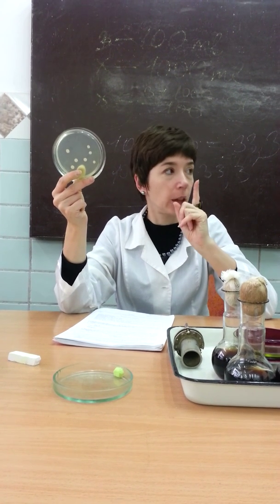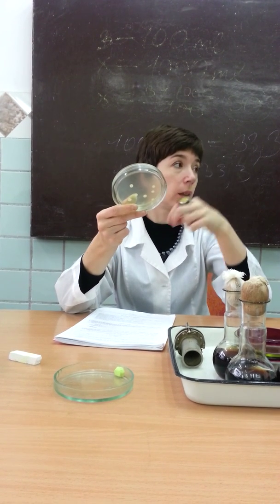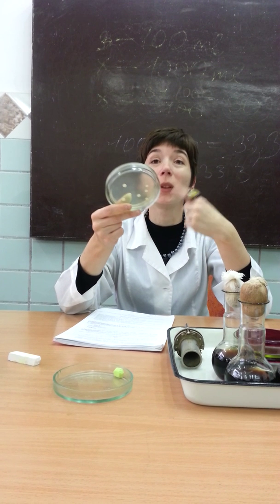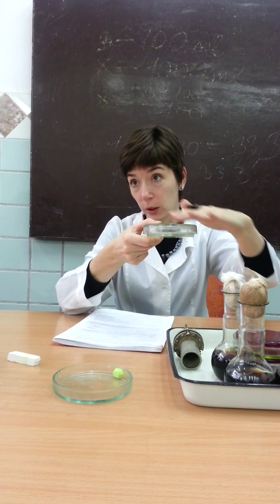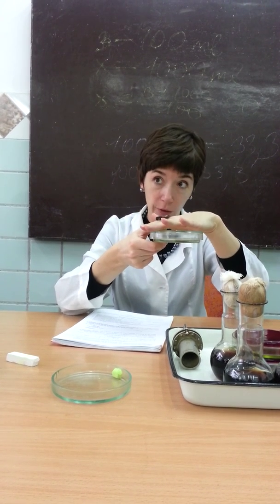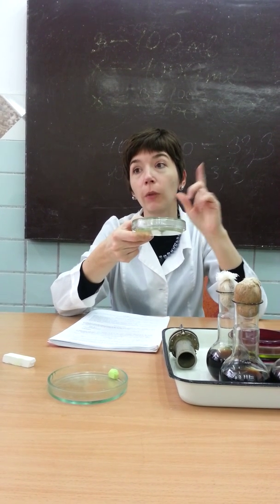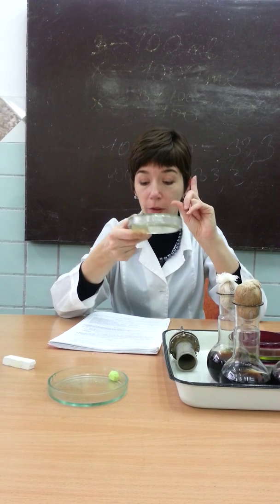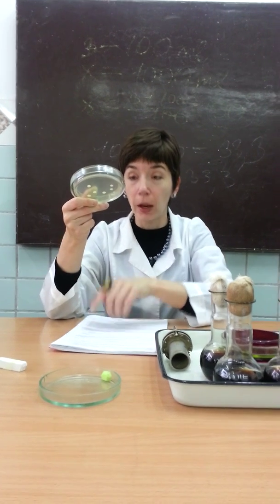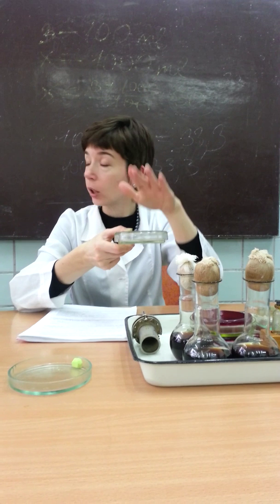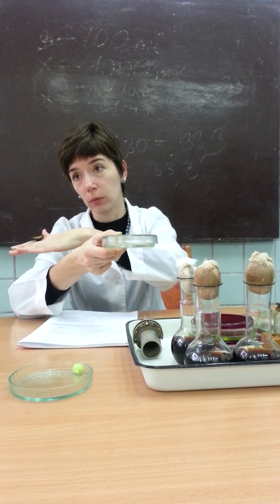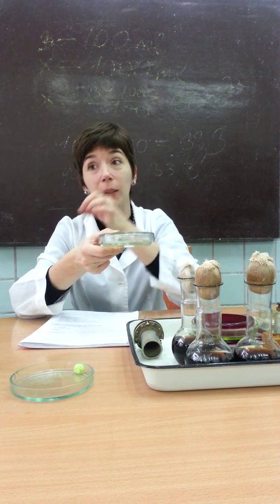In the middle of the media grow facultative anaerobes. After this, add the number of colonies in 1 petri dish to the other and divide by 2 for the middle amount. And this is the total microbial number. It's more true. But on module control, usually you have 1 petri dish.